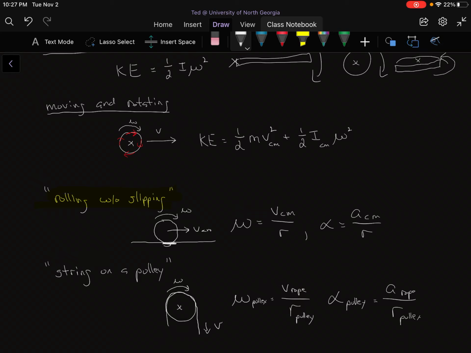There's no thermal energy being created. So when we're rolling without slipping, it is usually a good approximation to say that the change in other kinds of energy is equal to zero. That is, no thermal energy.